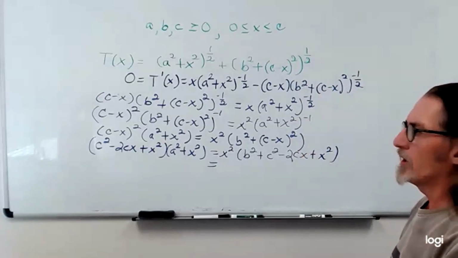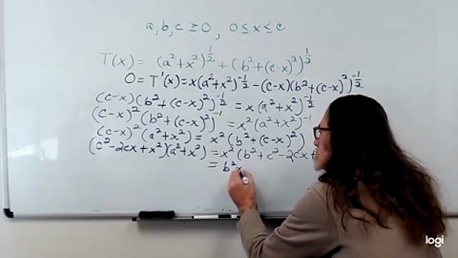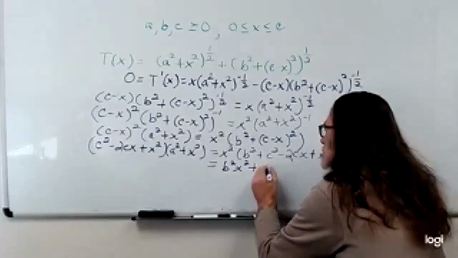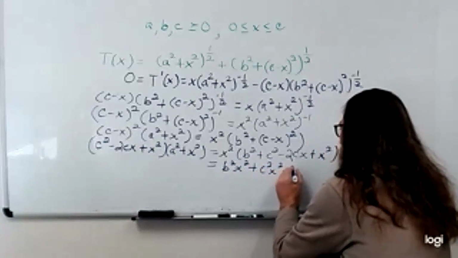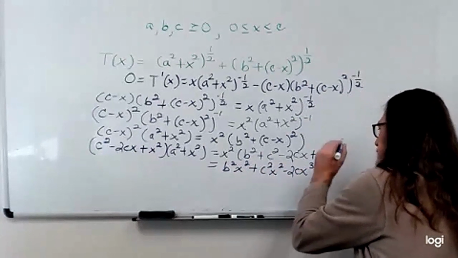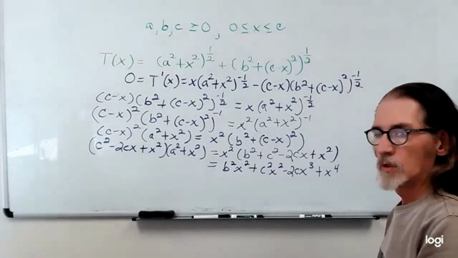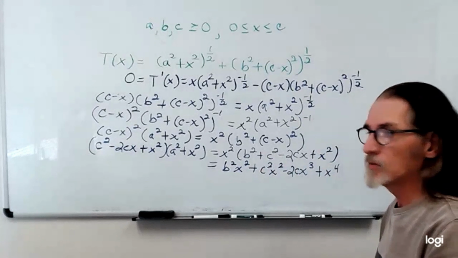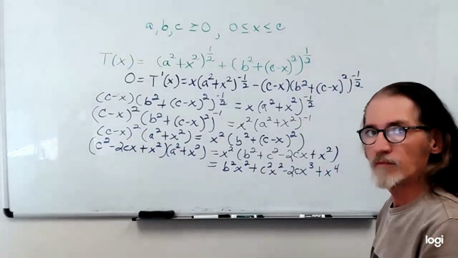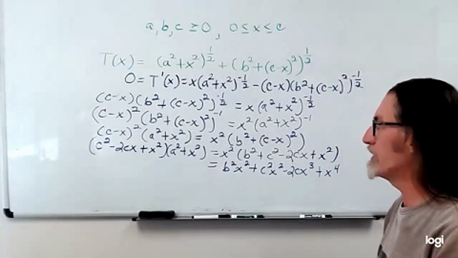And on the right side, distributing the x squared, seeing the x cubed and the x to the fourth is making this look really not so nice, along with the fact that we also have the a, b, and c in there, but x is what's being treated as the variable.